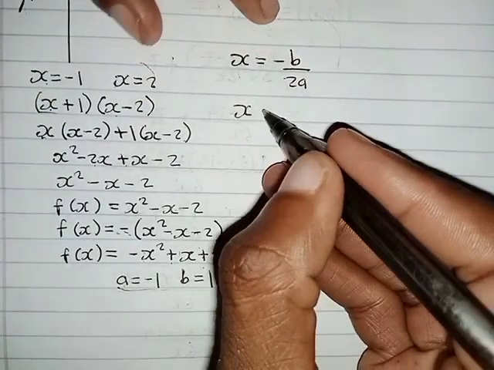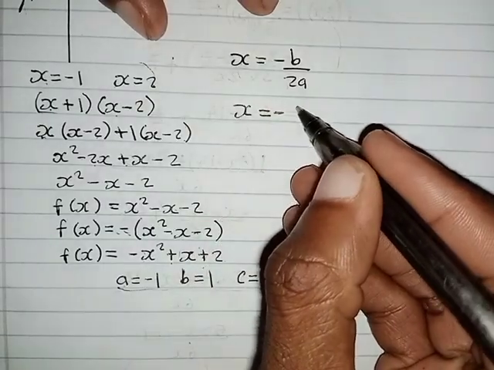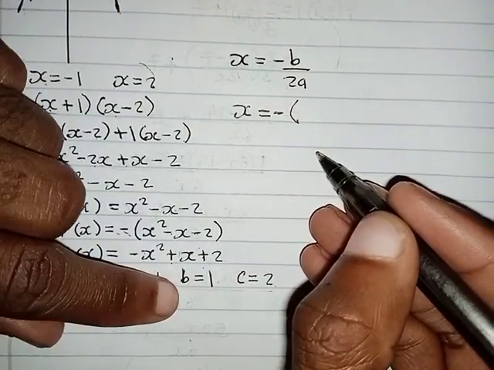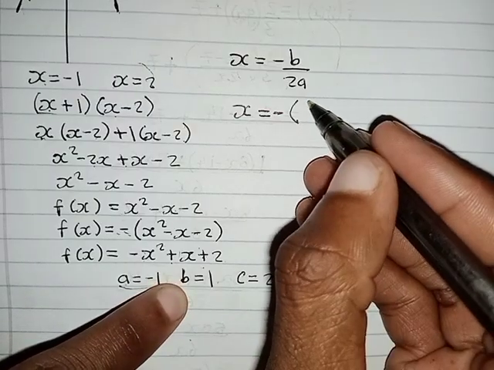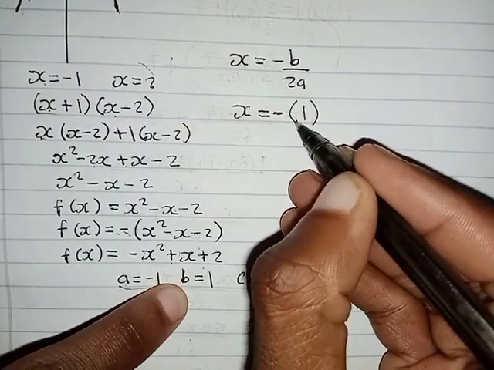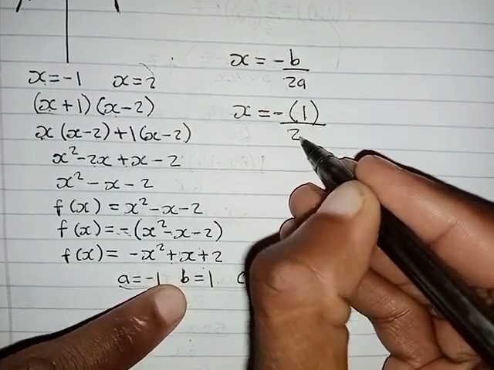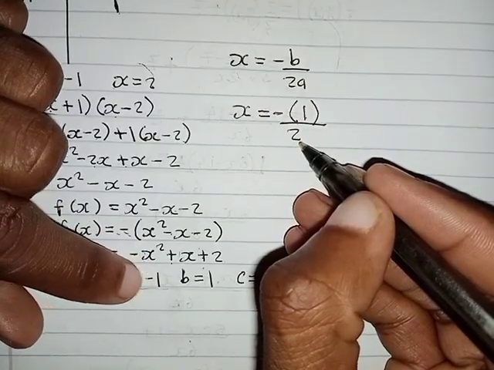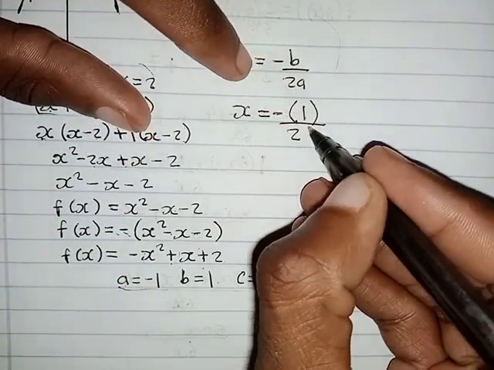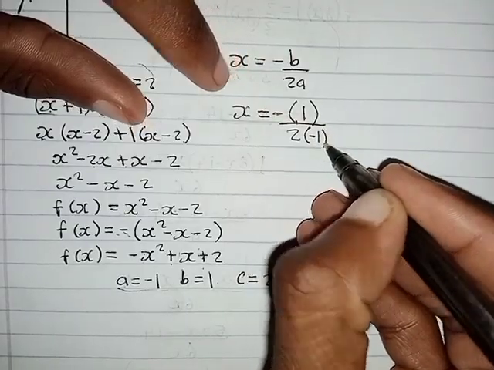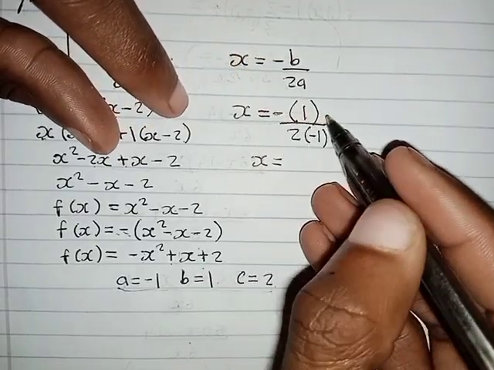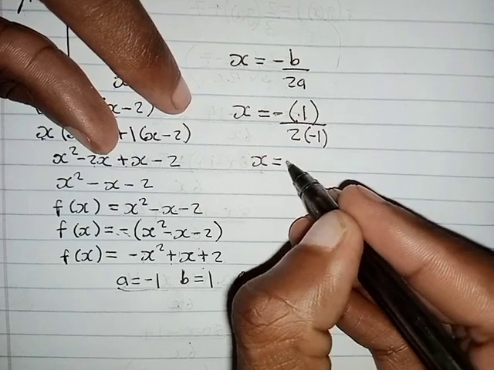So we have x is equal to negative, we open parenthesis, our b in this case is positive 1. So we replace 1 here like that over 2. Then our a is simply negative 1. So down here we say negative 1. Then we have x is equal to negative times positive, we get negative.